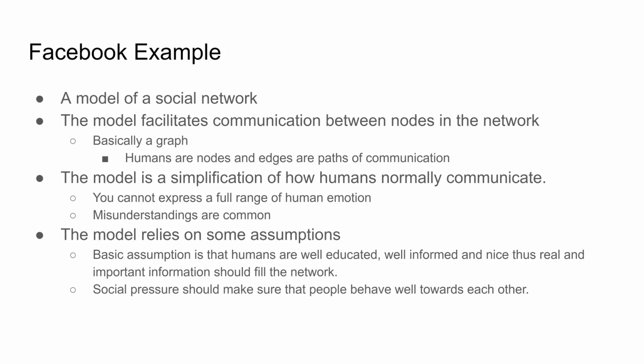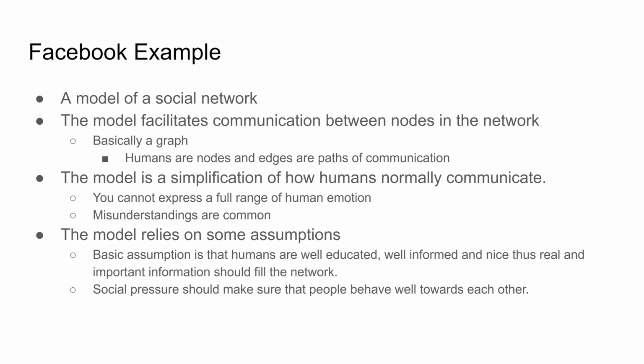Systems also have an effect in real life. People make decisions based on systems, what they say. People's lives are affected by systems, so it's something that has an effect in real life. So maybe this sounds very strange right now, but we will take a look at Facebook as an example.